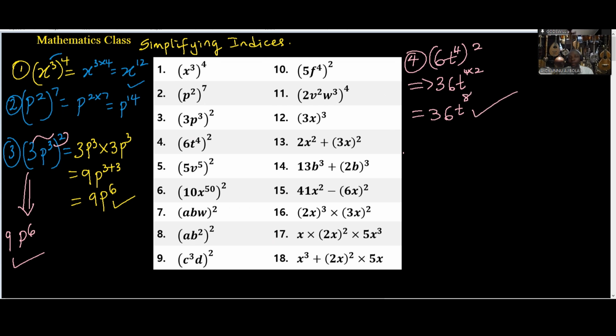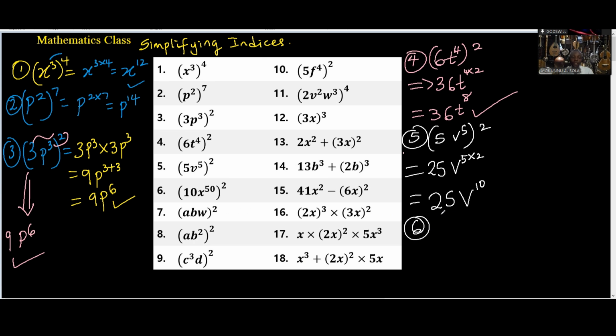Is that clear? Yes. Then number 5, we have 5v raised to power 5, also raised to power 2. 5 squared, which is 25. Then v raised to power 5 times 2, and this will be 25v raised to power 10. You can see this is pretty simple, okay?